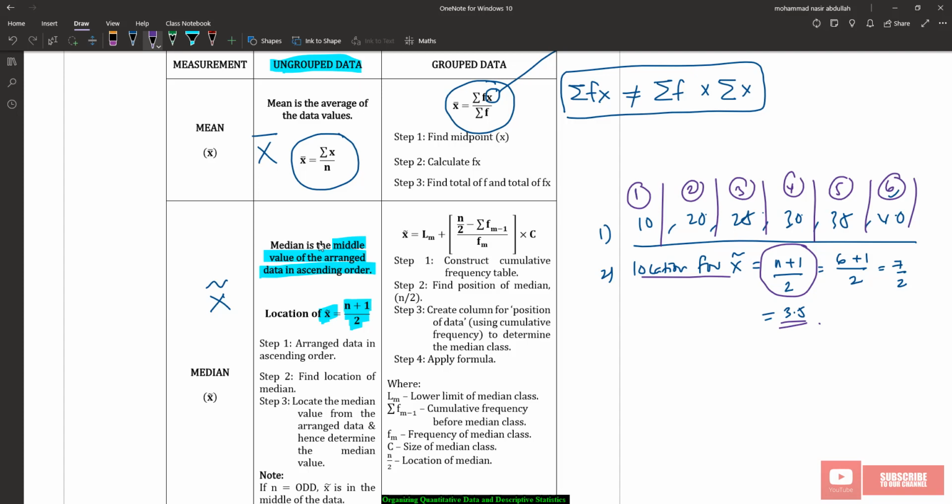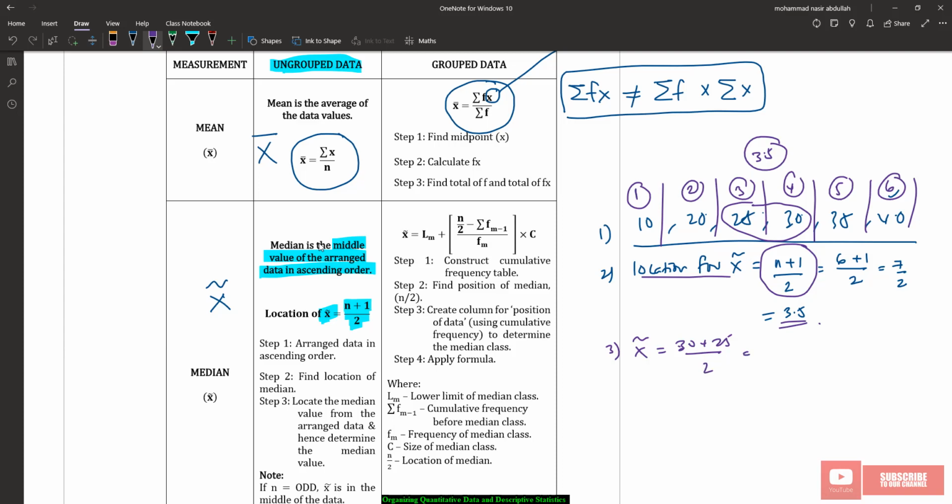So 3.5 is somewhere in the middle between 25 and 30. So step number 3, we need to find the value of median. How to get 3.5? 4 plus 3 divided by 2. We will get 3.5, right? So by using that concept, we take 30 plus 25 divided by 2.